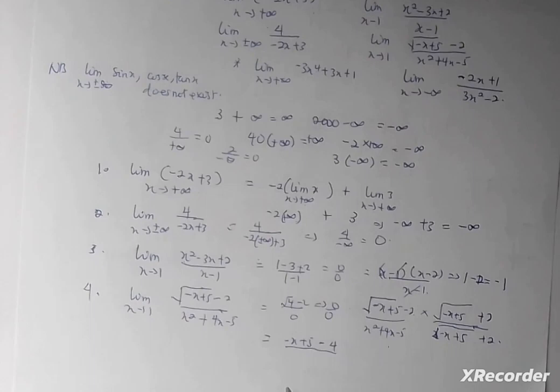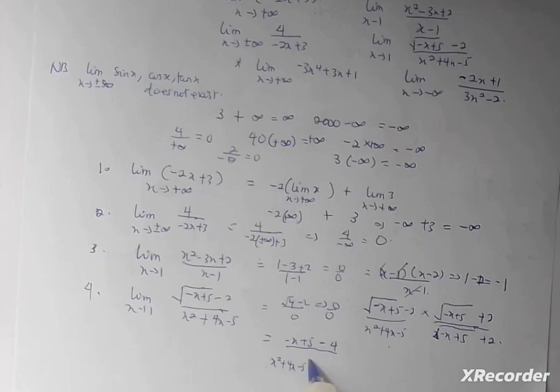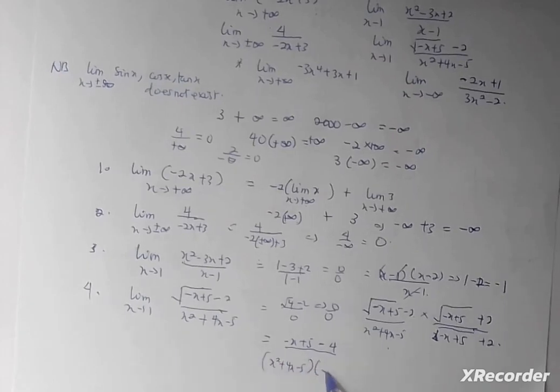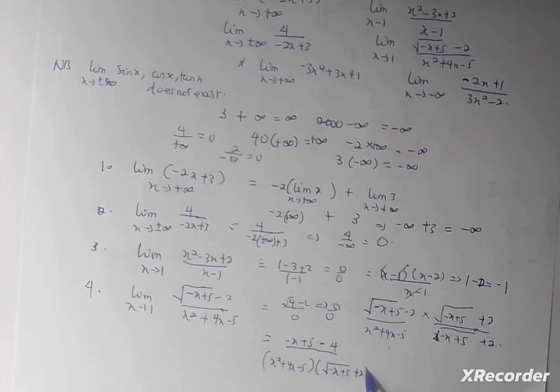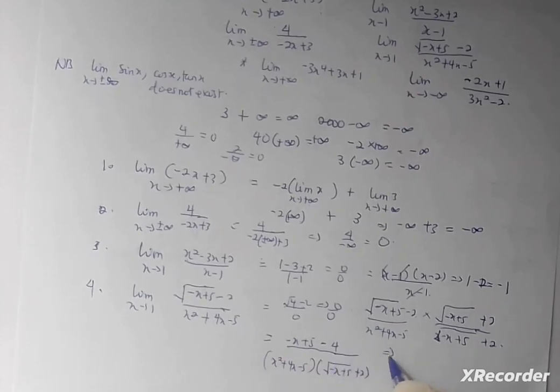So I'm simply going to have x squared plus 4x minus 5, multiplying the expression, the square root of negative x plus 5 plus 2, like this. And what is this thing giving me?